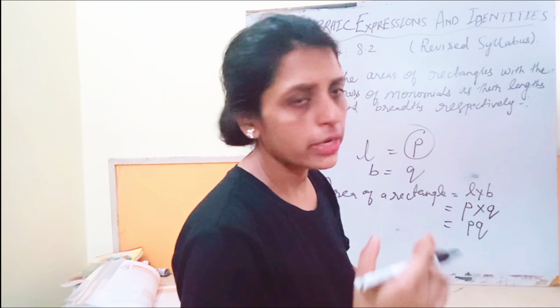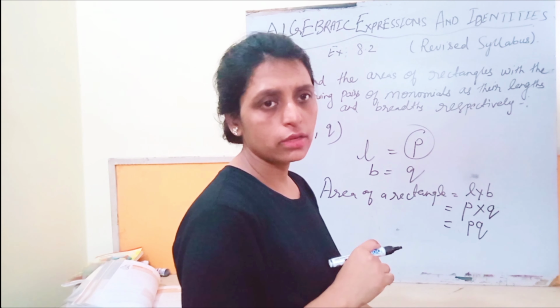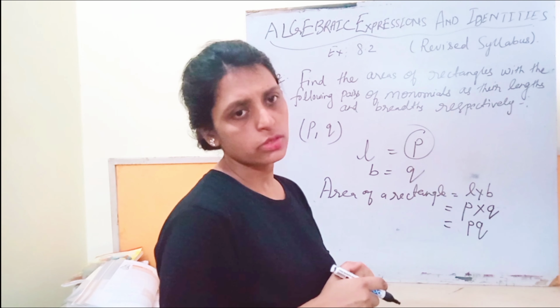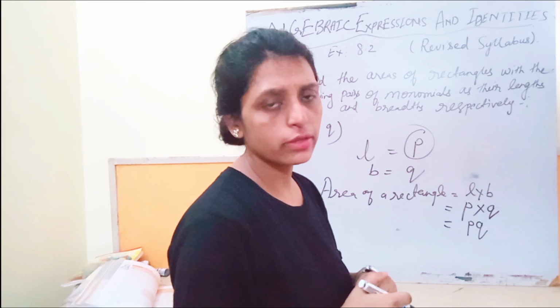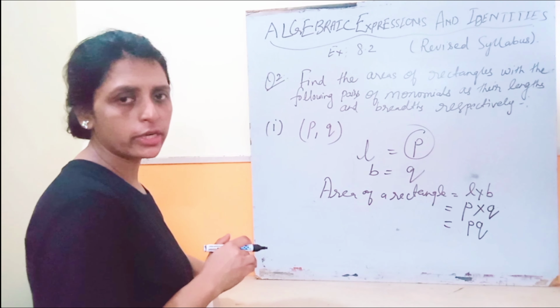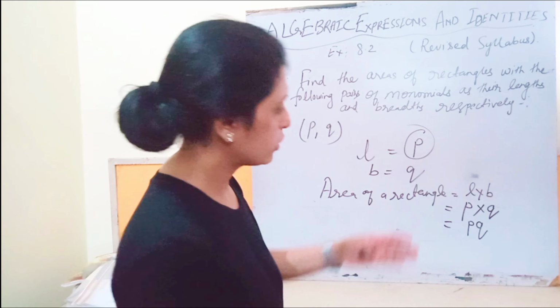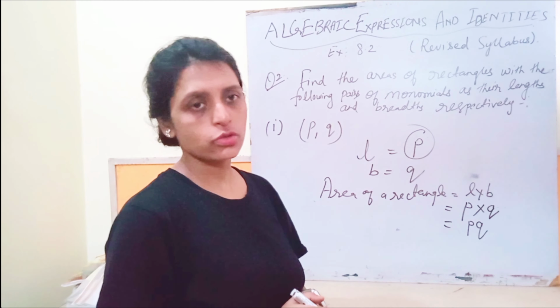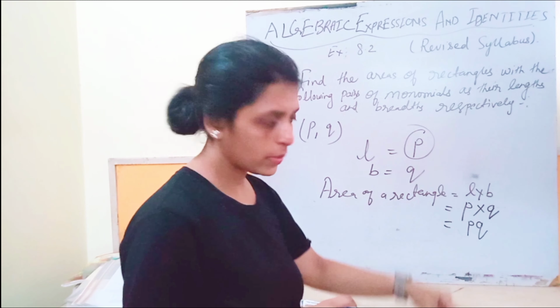The area of a rectangle is two dimensional, so we need to write the units in the square form. As it is not mentioned here in the question, no need to write. You can just write P into Q. So area of a rectangle here is PQ.